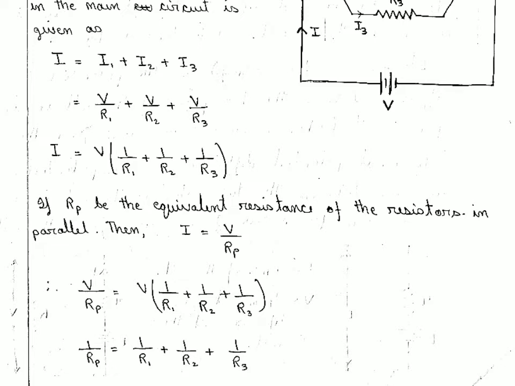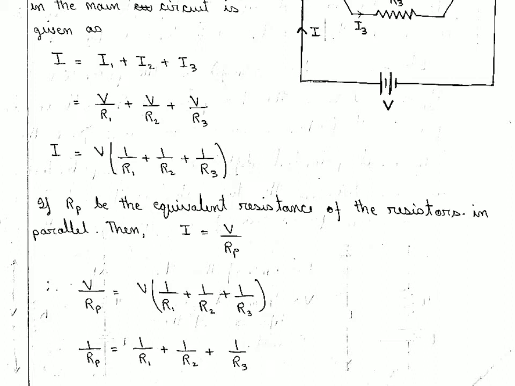So here we can see that the reciprocal of the equivalent resistance is equal to the sum of the reciprocals of the individual resistances R1, R2 and R3. And in parallel combination, the total resistance will actually decrease.